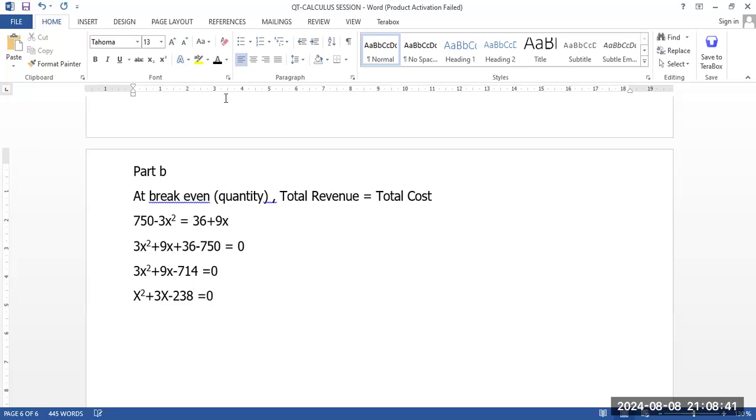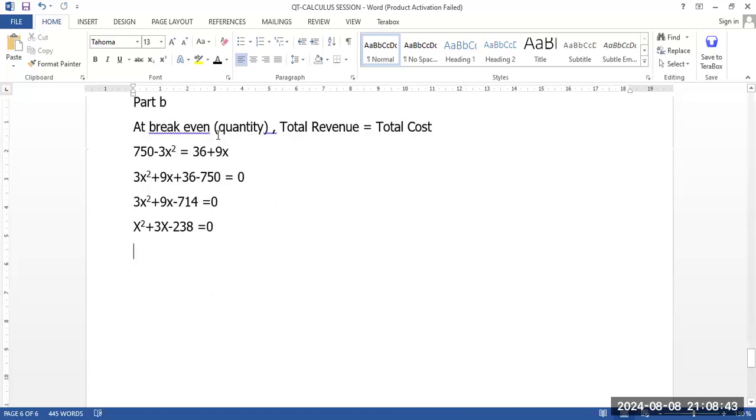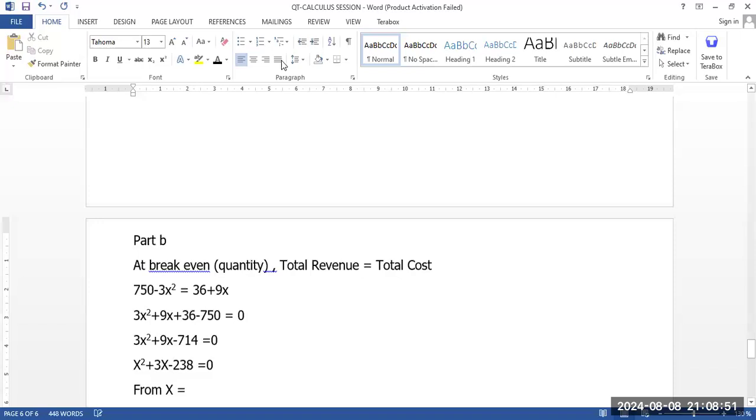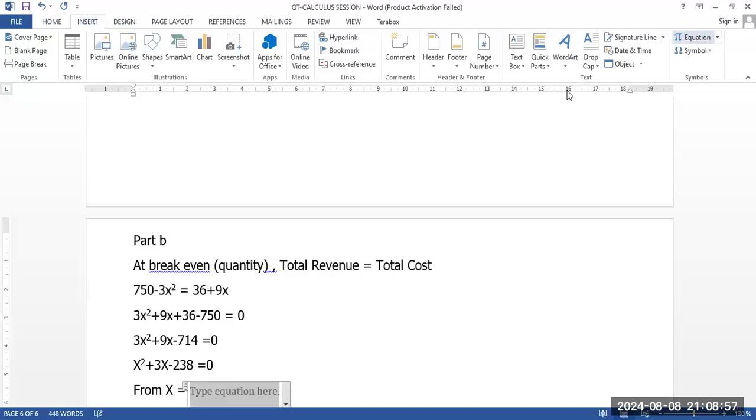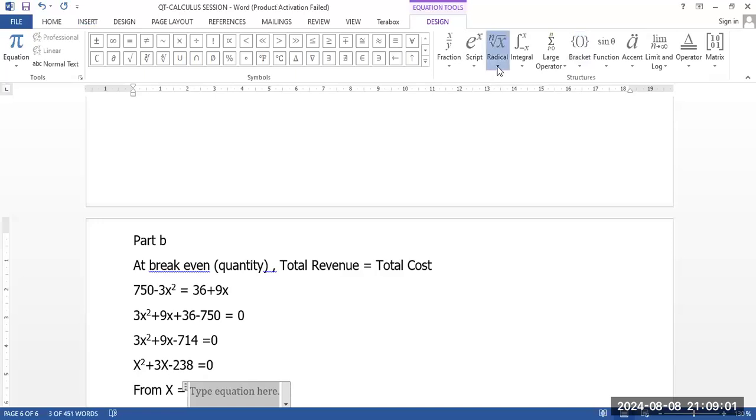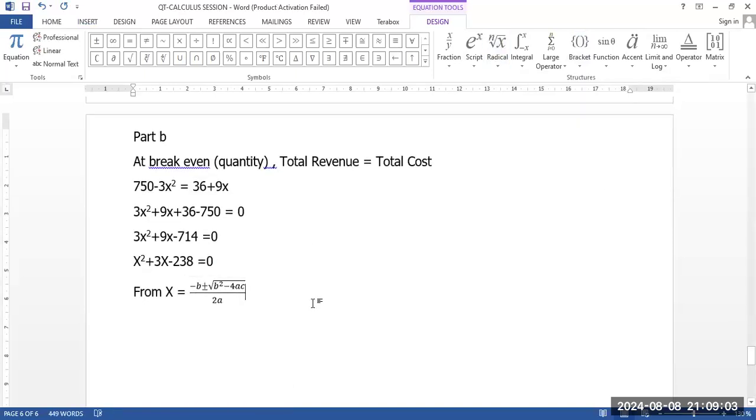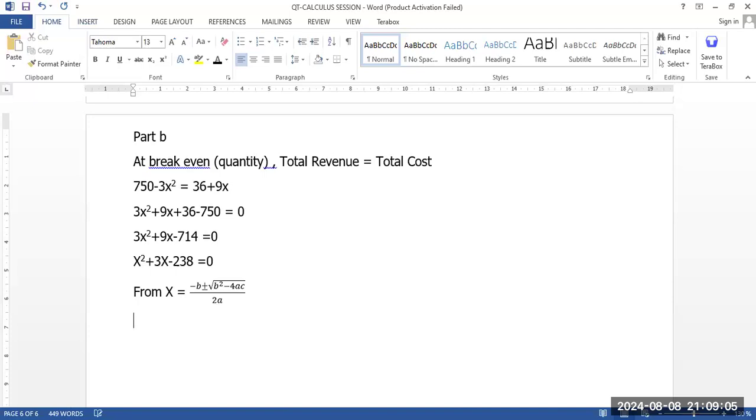We use our formula from x is equal to, we use our formula. Your a is equal to 1.